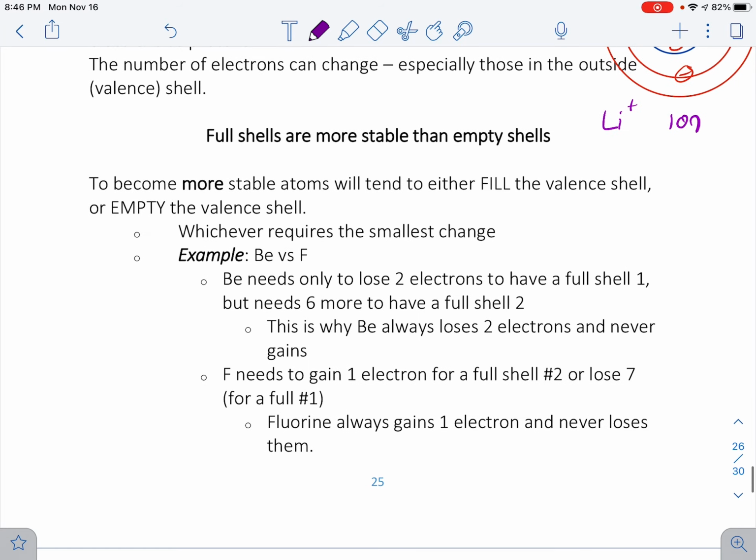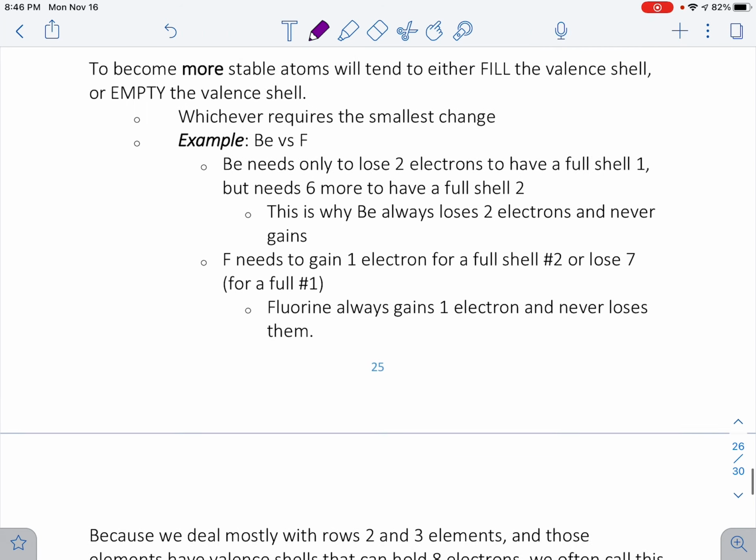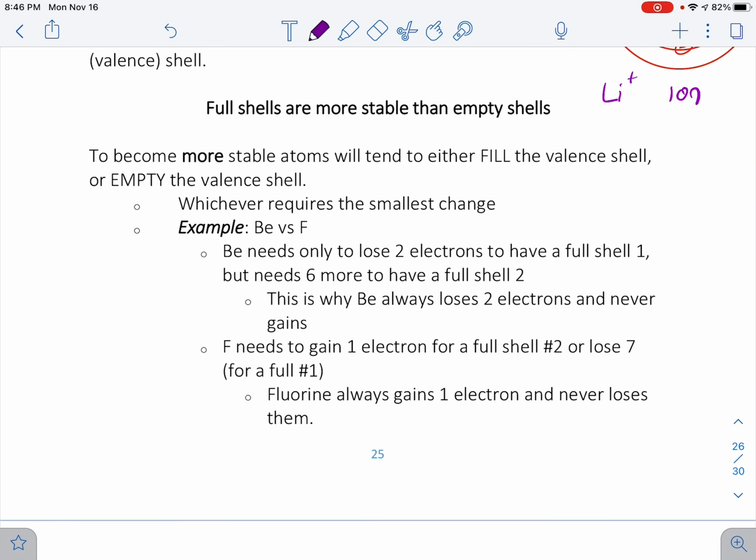So let's look at beryllium and fluorine as an example. Beryllium is right next to lithium. So beryllium has 4 protons, and usually, I think it's 5 neutrons, in its nucleus. So that's beryllium.